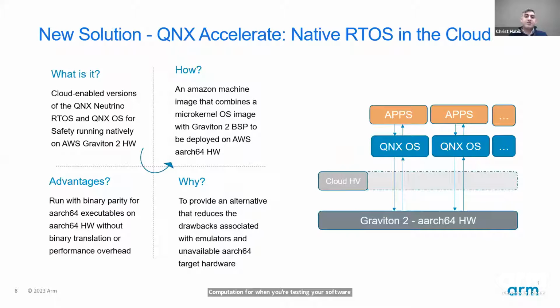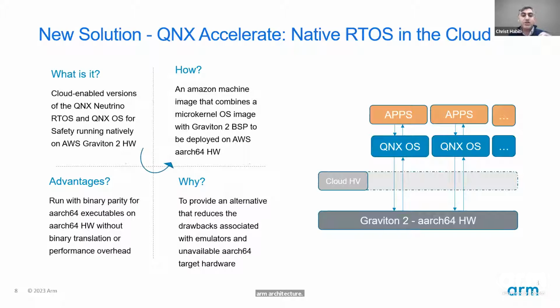So this is where our new QNX Accelerate solution comes in. We've taken our foundational software, our famous QNX real-time operating system, and our QNX Safety OS, and put them in the cloud to run natively on AWS Graviton 2 hardware. Because it's running natively on ARM hardware, you actually get binary parity with your ARM architecture executables.